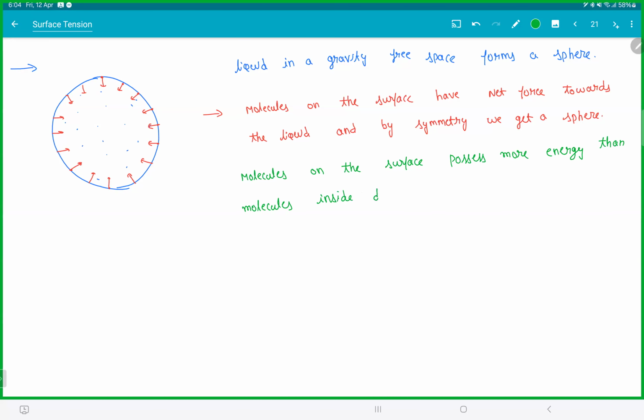Because of the net, due to the unbalanced forces. Therefore, to minimize the energy, the system will always try to have minimum surface area. Because if you have minimum surface area, you have less number of molecules on the surface.